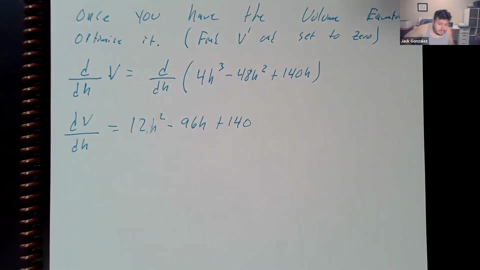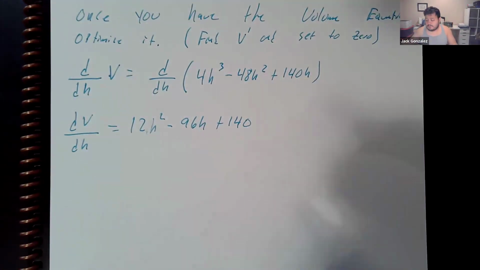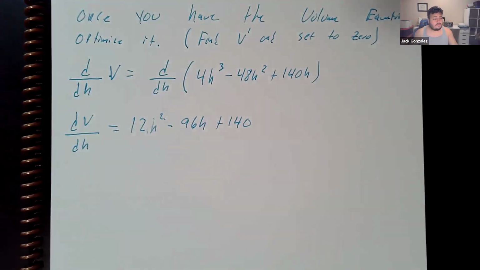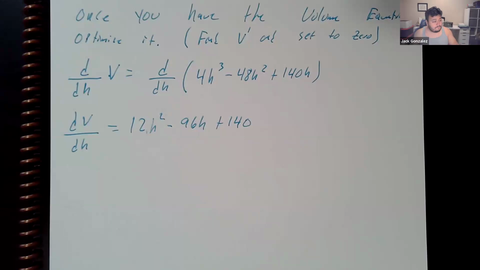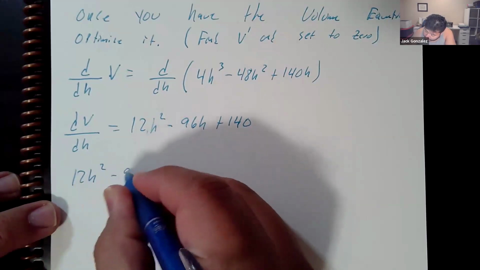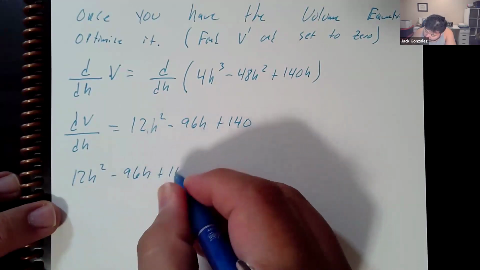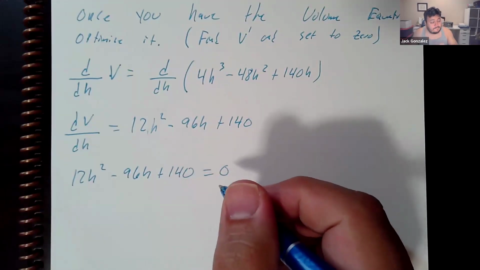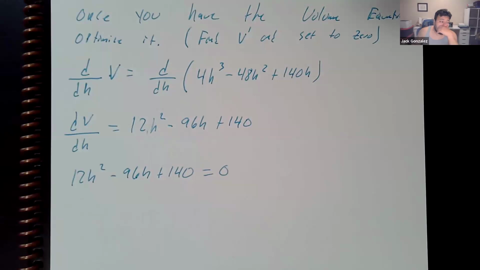All right, in order to optimize it, you take a derivative, set it to 0, find the critical number, right? So that'll be 12h squared minus 96h plus 140 equals 0. In order to solve this, you're going to have to do the quadratic formula.